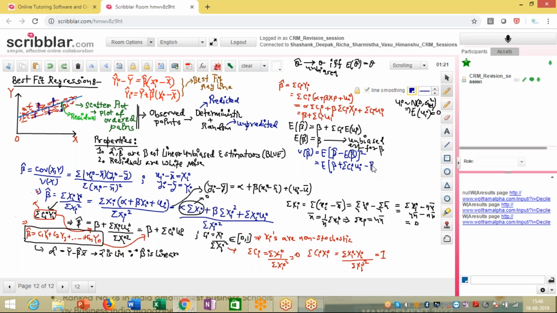Minus beta, because the expected value of beta hat is equal to beta, therefore these two would cancel out, and where I would end up is the expected value of summation ciui squared.